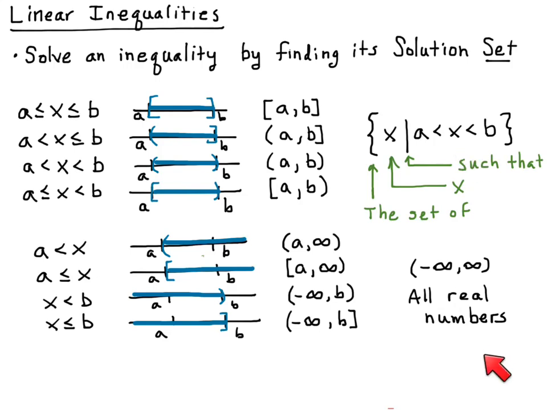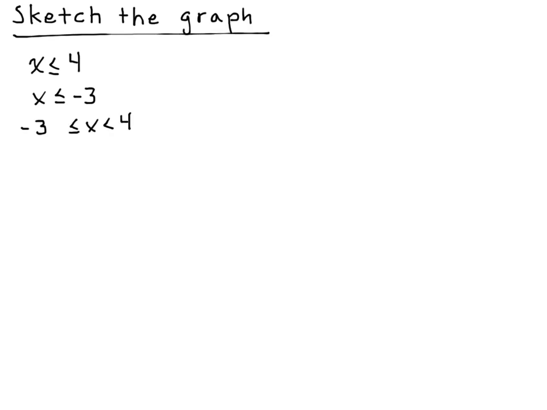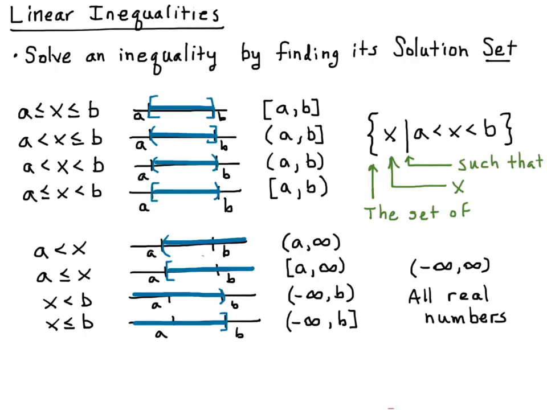Now, if you're dealing with all real numbers, if the solution set is an identity, essentially all real numbers works, you can write the interval negative infinity to infinity. You can write all real numbers, or you can write this R that you'll see in your textbook.